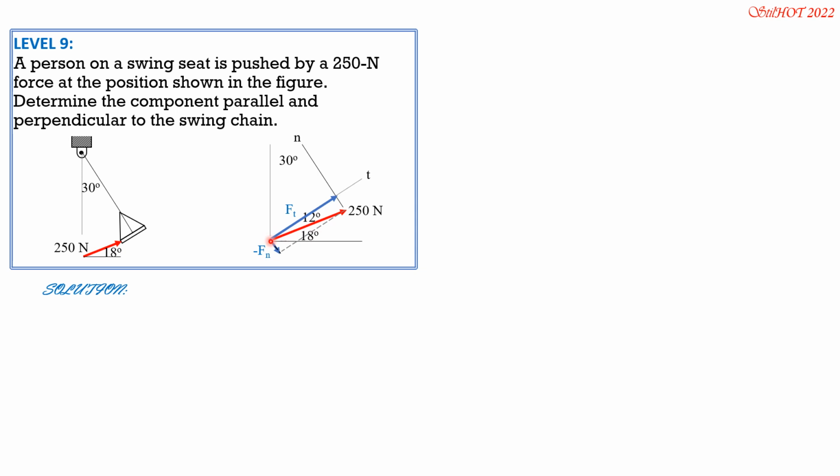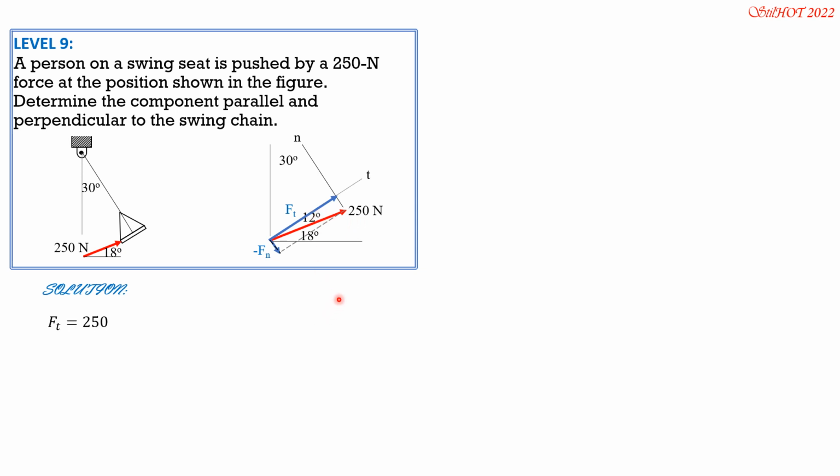Then this is f sub t, so it is positive. The normal component, or along the normal plane, is negative, and we have a right triangle here. So ft is adjacent to 12 degrees, so it is positive 250 cosine of 12, while fn is opposite and it is negative, so it is negative 250 sine of 12.